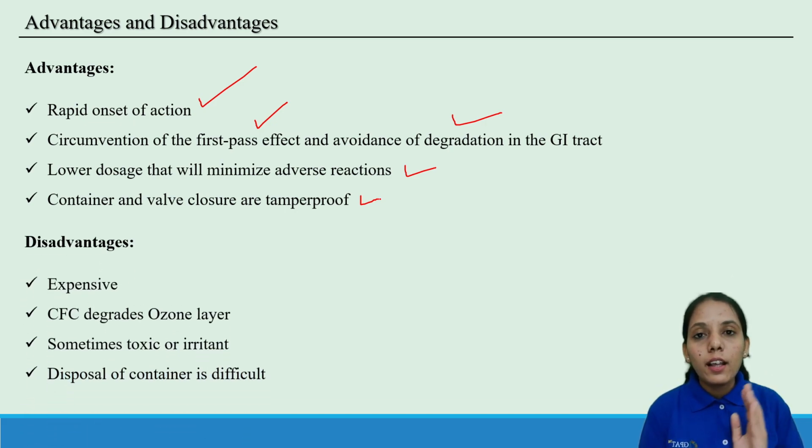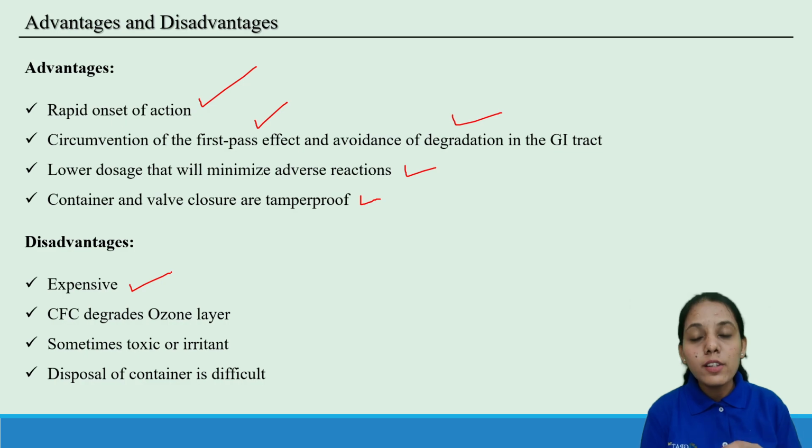Next, along with advantages, there are some disadvantages also. First is that it is expensive. Unlike tablets, which consist of only blister and strip packaging, these dosage forms require some specialized containers. You cannot use just any plastic; aluminum, stainless steel or some other containers can be used.